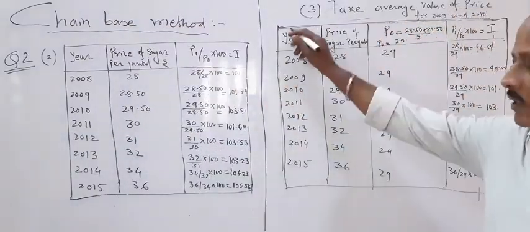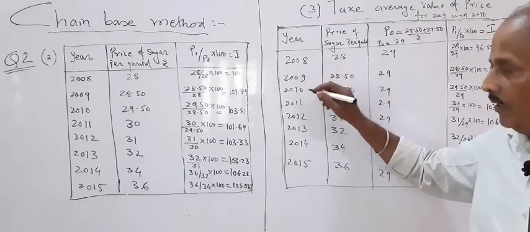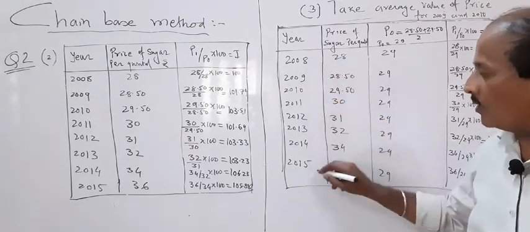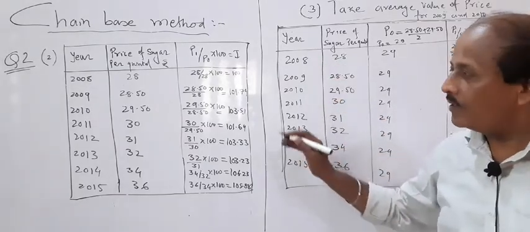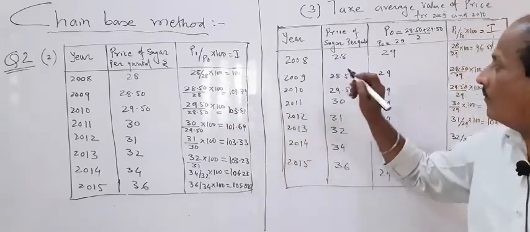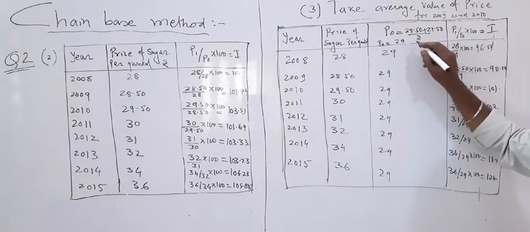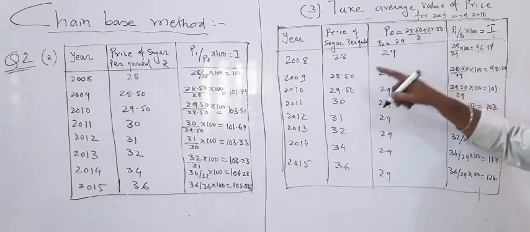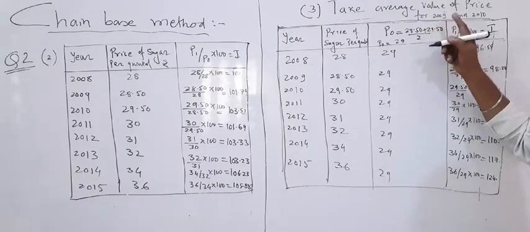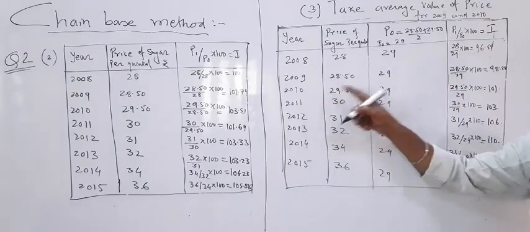As you are seeing in this table, the data is the same, 2008 to 2015. Same data I am using for 3 purposes. So here I am going to find the average by adding the values of 2 years, and those years are going to be given to us. Here the years given are 2009 and 2010. So add up these two values and divide by 2.